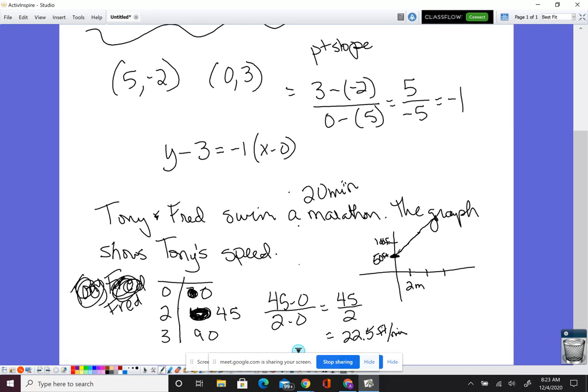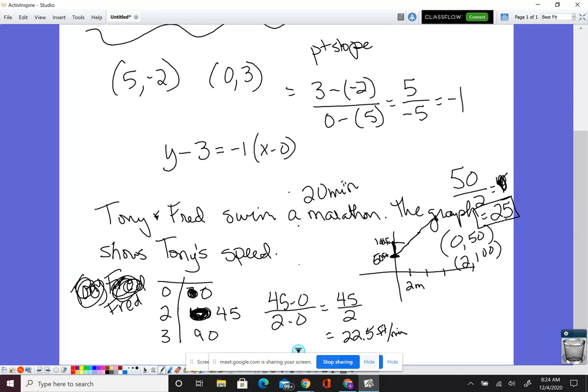Can we calculate the slope of Tony? So 0, 50. Can't you do it rise over run? Yep, you can. Or you can do the 2 points. So rising 50, running over 2. 50 divided by 2 is 25.